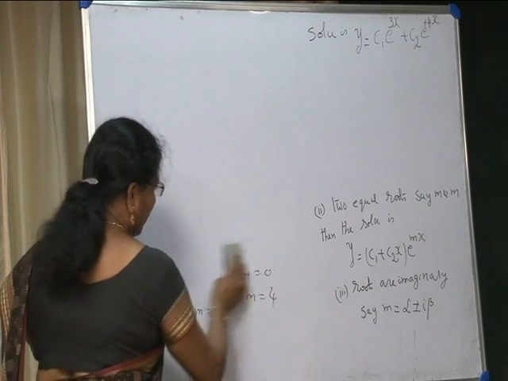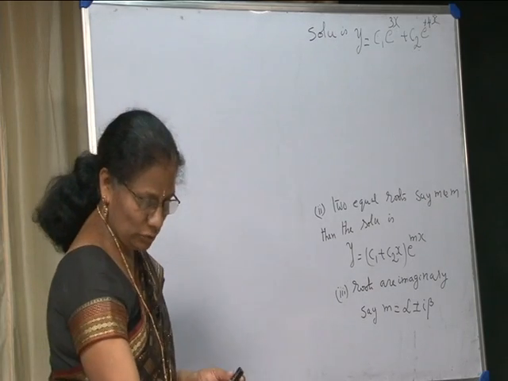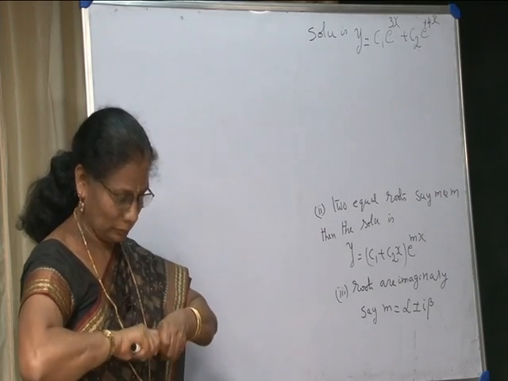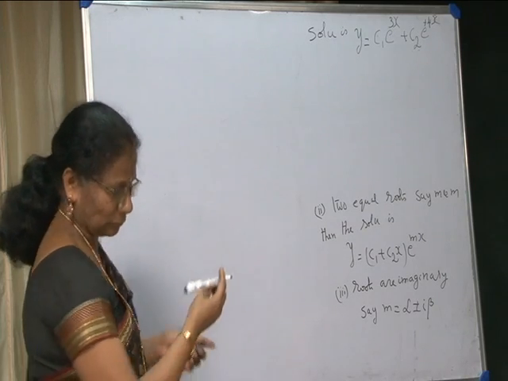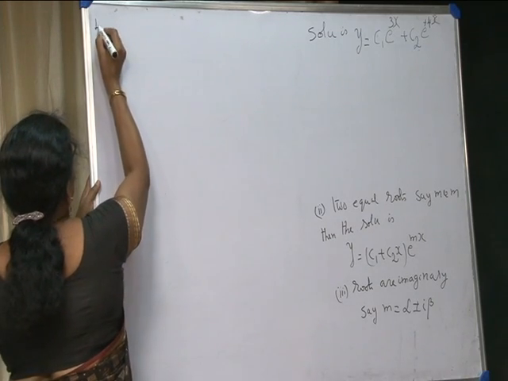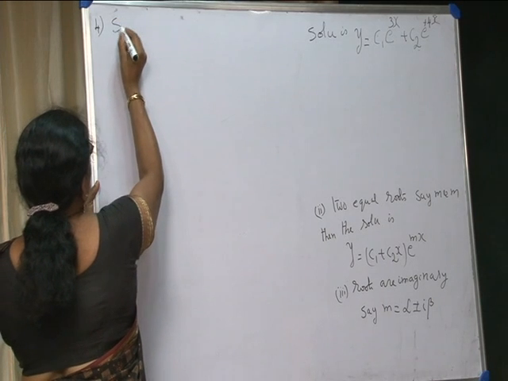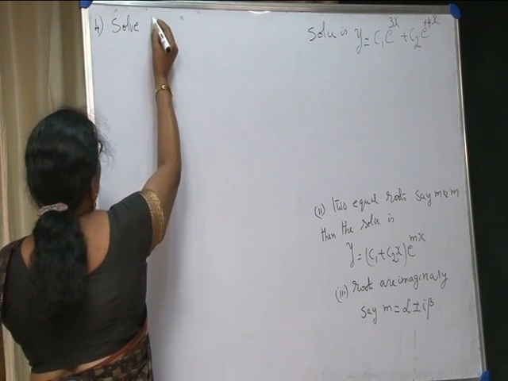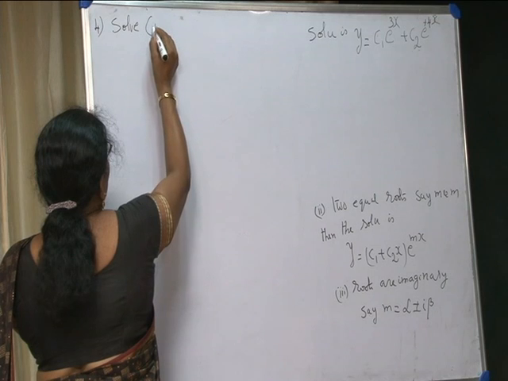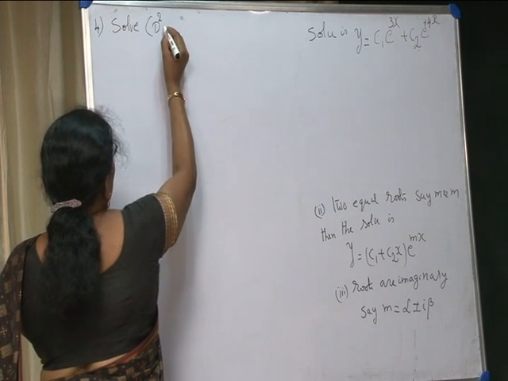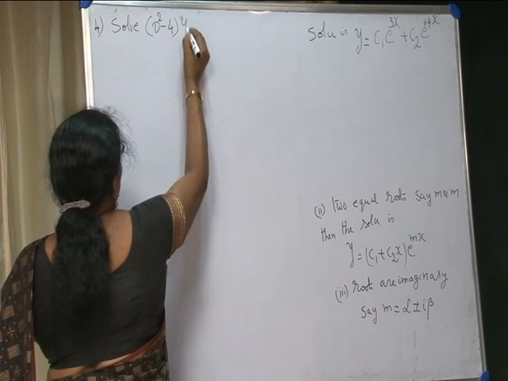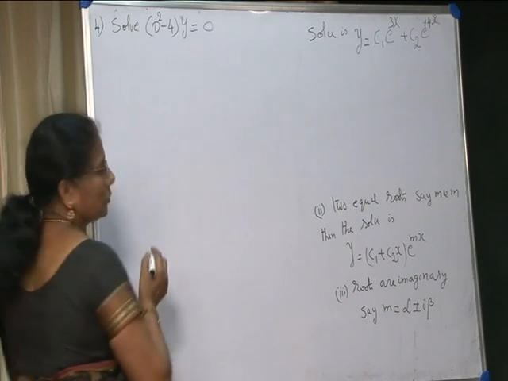When the roots are equal, fourth one, solve d squared minus 4 is equal to 0.